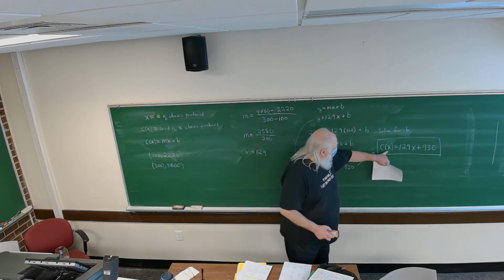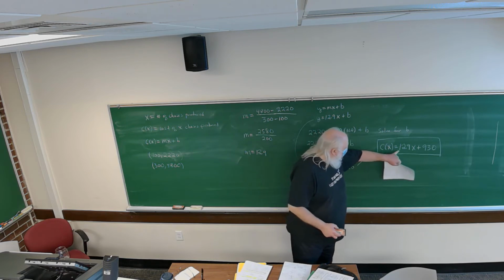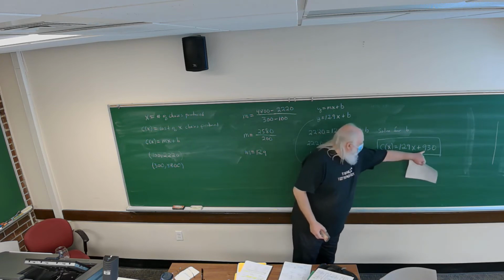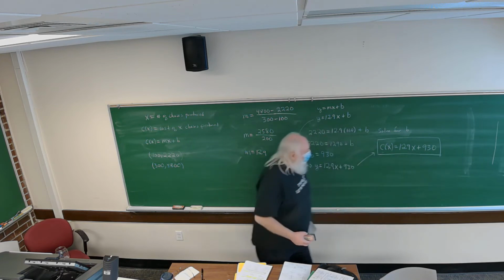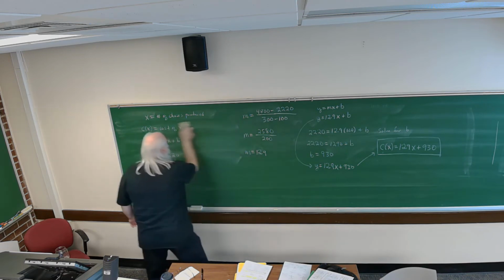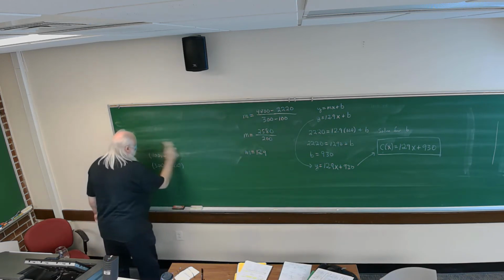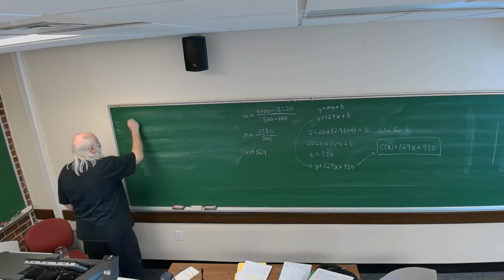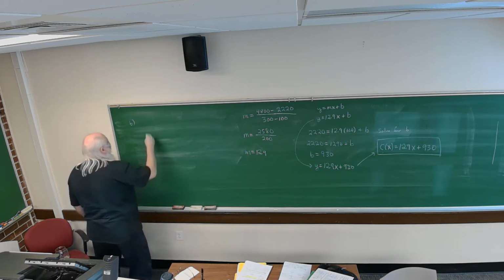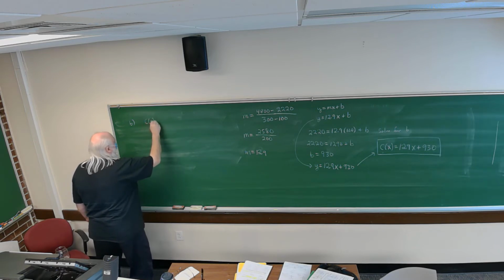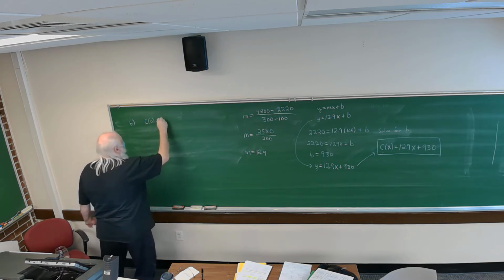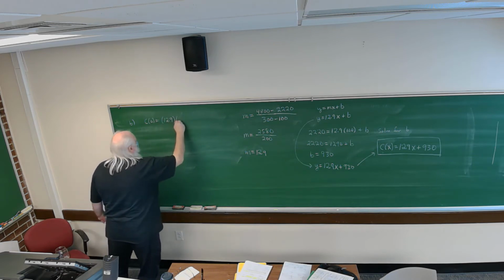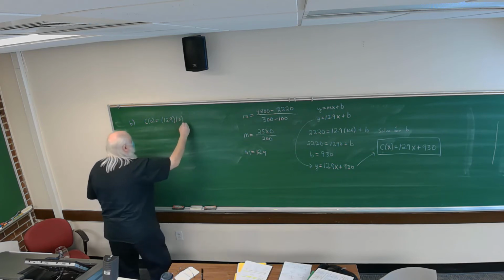And so the cost when 0 chairs are produced is c of 0, which is equal to 12.9 times 0 plus 930, which is just the y-intercept, 930. So for B, we have the cost when 0 chairs are produced is equal to 12.9 times 0 plus 930.